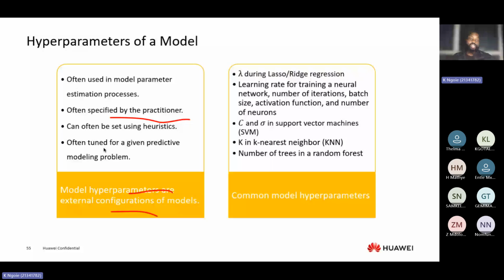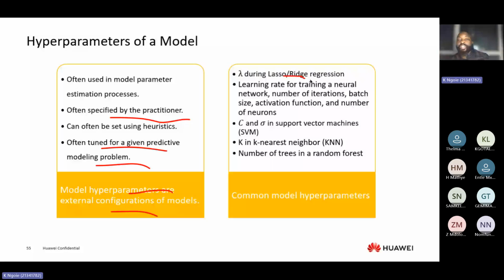When we do deep learning and talk about neural networks, you can choose how many layers of the network you want. Those are hyperparameters because you are setting that information. Some methods that help with hyperparameters include lasso and ridge regression.